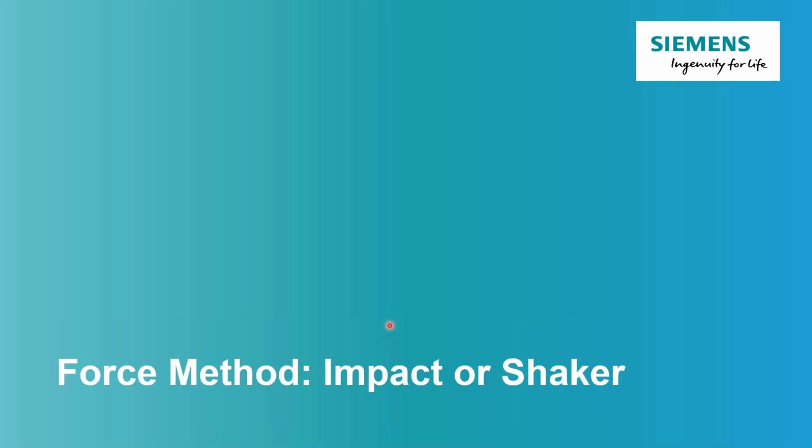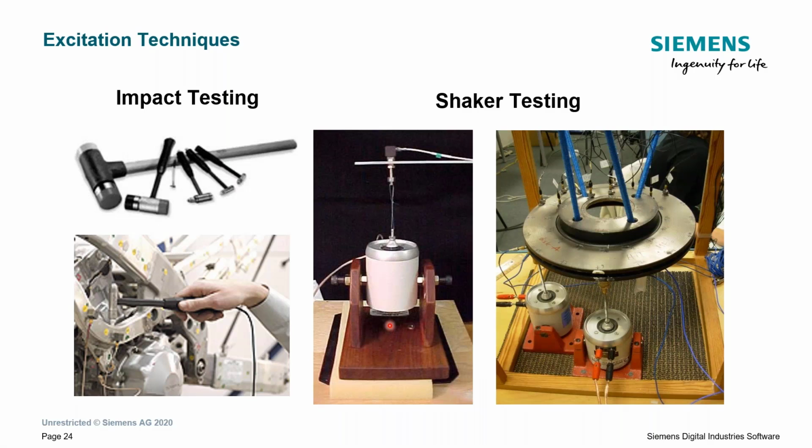Now, how do we want to put this method of force in? Well, we've talked about impact hammers so far. There's also shaker testing. Okay, so with hammer testing, we've got different size hammers depending on how much force we want to put into a given structure, and potentially what frequency range we want to look at as well. The larger the hammer, obviously, the more force I can put in.